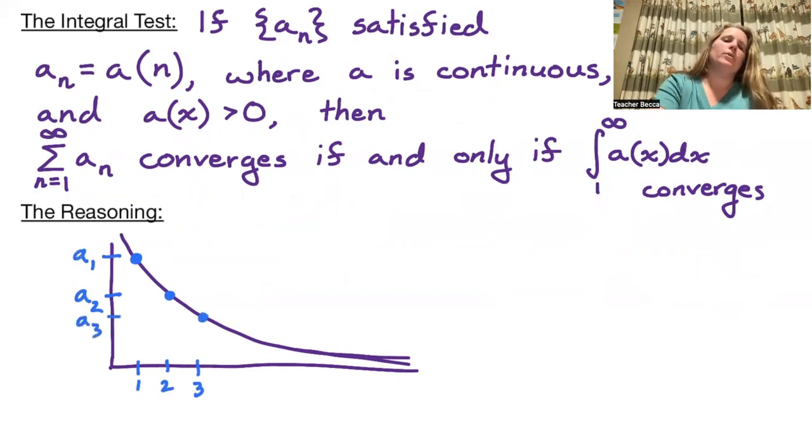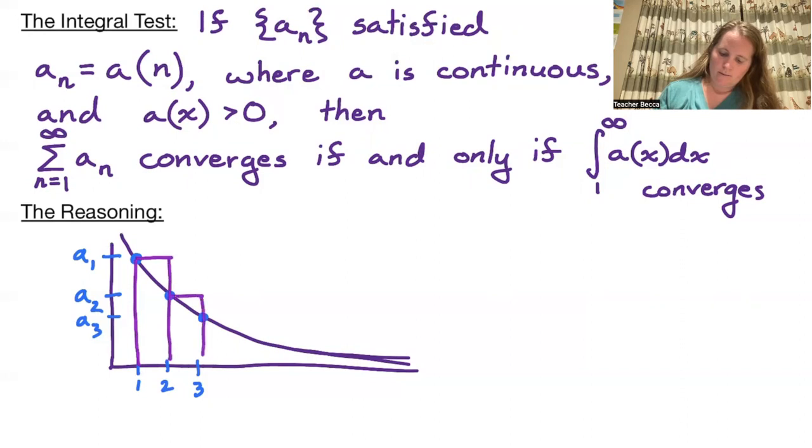Right. So if we look at this integral, we can approximate the integral using rectangles. Note that the definite integral from 1 to infinity can be approximated with left-hand rectangles, a left-hand Riemann sum.